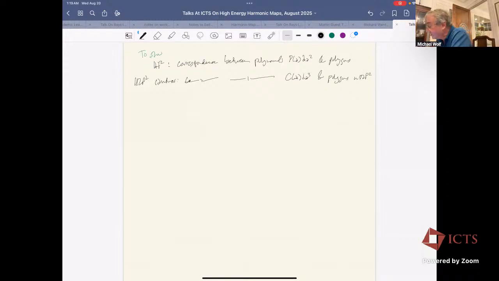So these are going to look like, so here I am in RP2, and I'm going to have some funny polygon like this, and then I won't draw it, but over this polygon, we're going to have some surface.